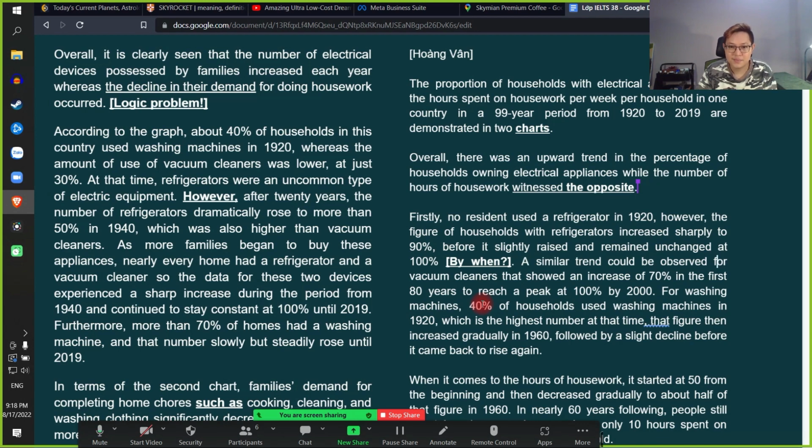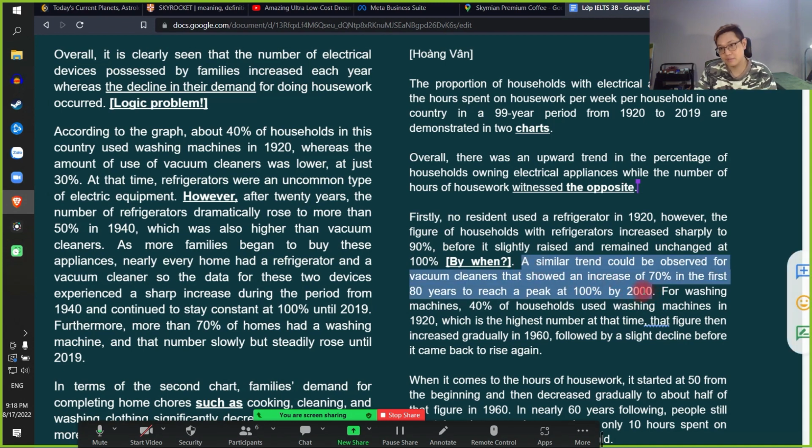A similar trend could be observed for vacuum cleaners, which was just an increase in the first 80 years, to reach a peak of.